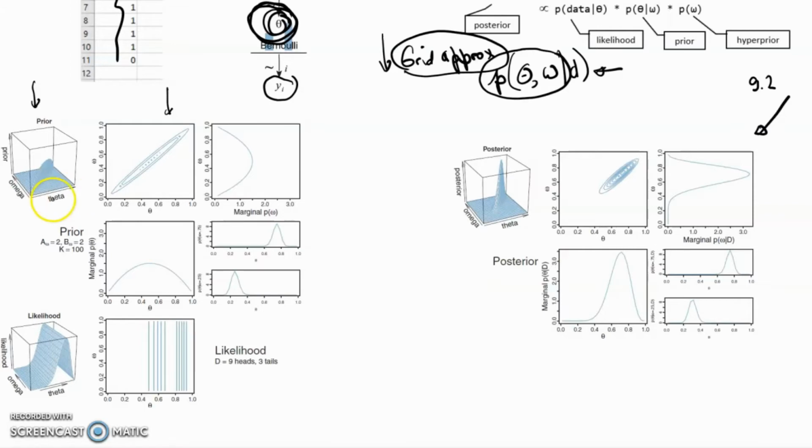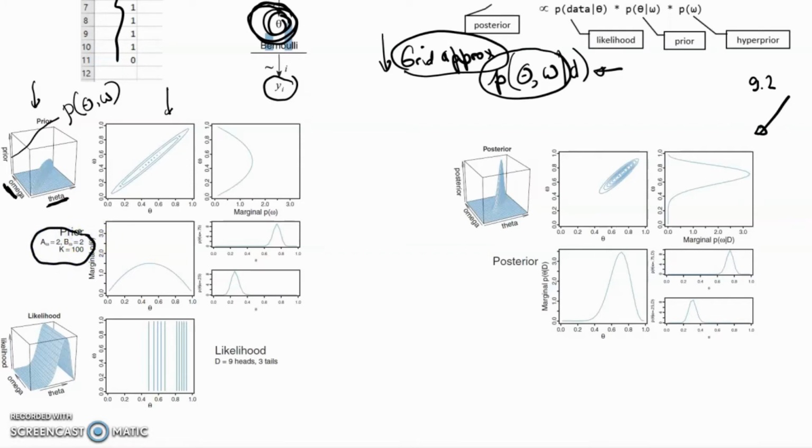So here are prior thoughts about theta. Here are the prior thoughts about omega. And what we have here is the joint probability of theta and omega. So let's look at how we parameterize this.